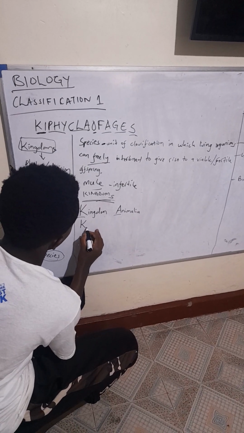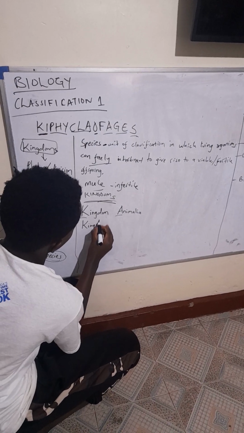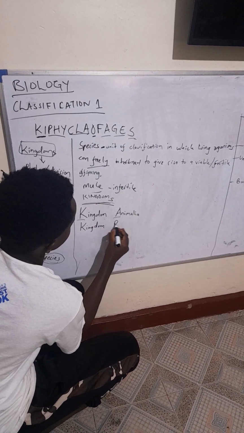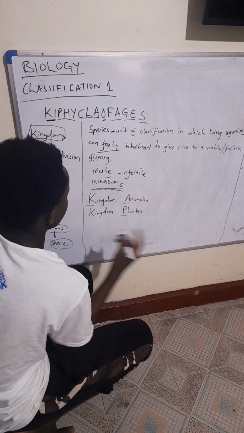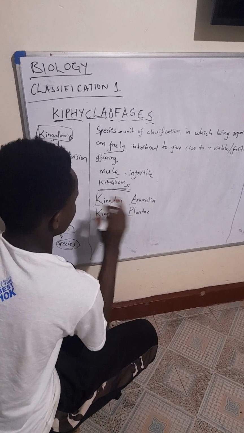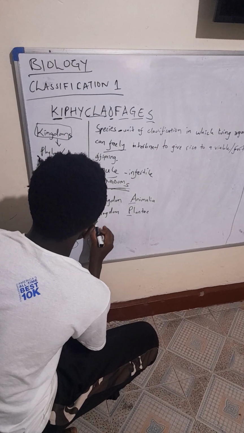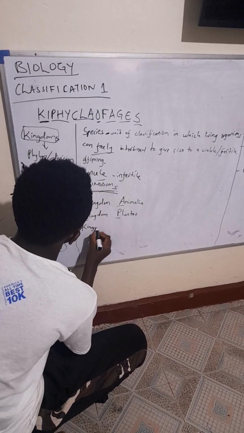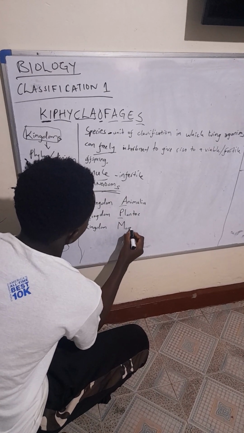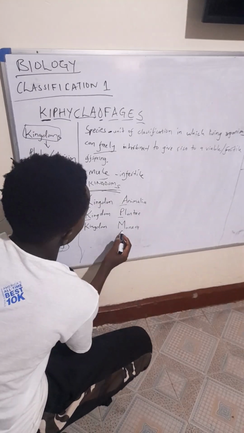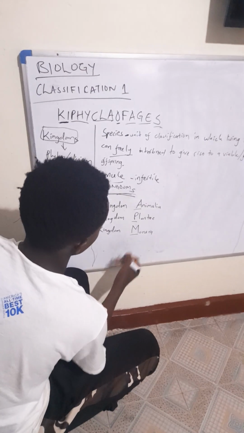We have another kingdom, Plantae. This generally means plants. Kingdom Plantae, capital K, capital P. Then you go to Kingdom Monera. This is generally for bacteria.